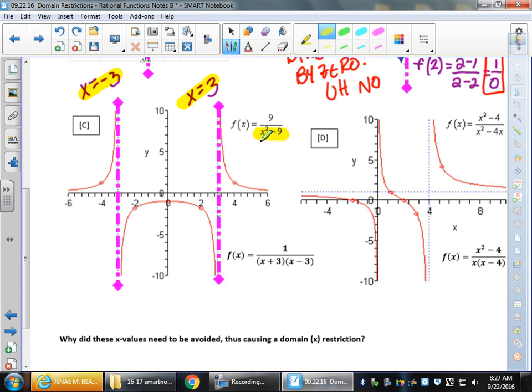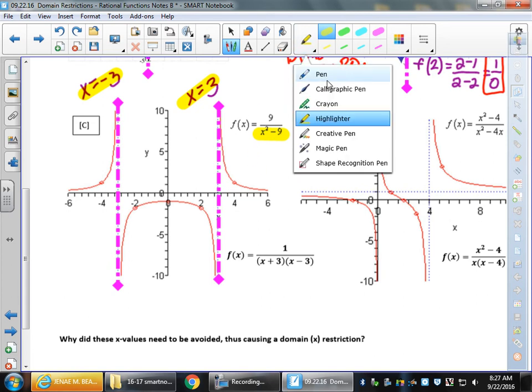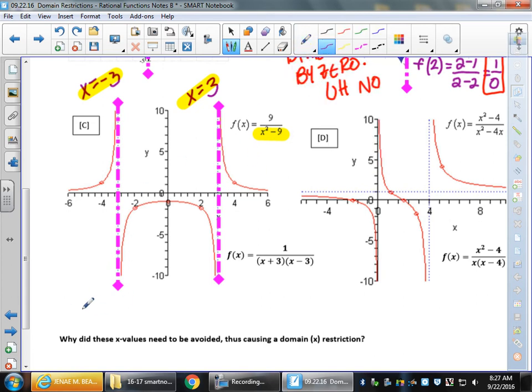What if x is 3? 3 squared? 9. 9 minus 9? Oh no. Can't have that happen. So if I were to write the domain for this function, tell me what to write. All real numbers, x not equal to negative 3 or 3.